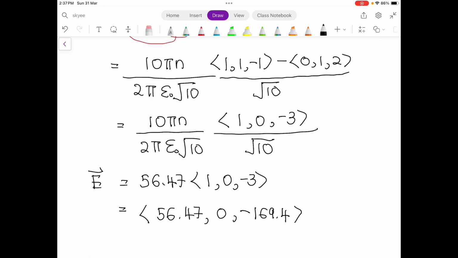So this will be your answer for the electric field observed at the coordinate (1, 1, -1) from the infinite line.